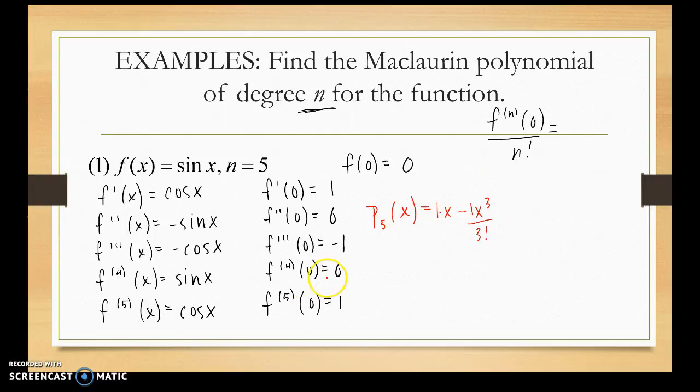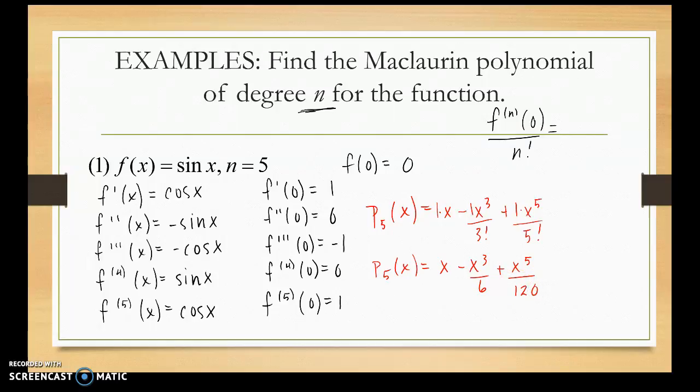The coefficient to x to the fourth is 0. And then the coefficient to my x to the fifth would be positive 1 again, so plus 1 times x to the fifth, all divided by 5 factorial. Now cleaning this up a little bit, fifth degree: x minus x cubed over 6 plus x to the fifth over 120, since 5 factorial is 120.